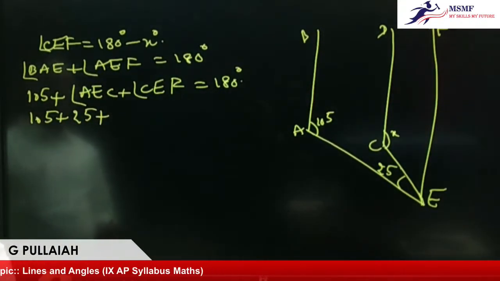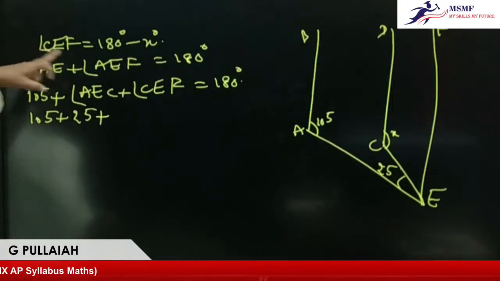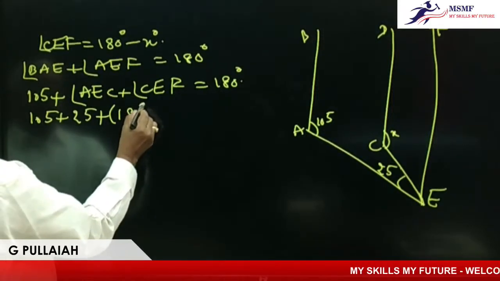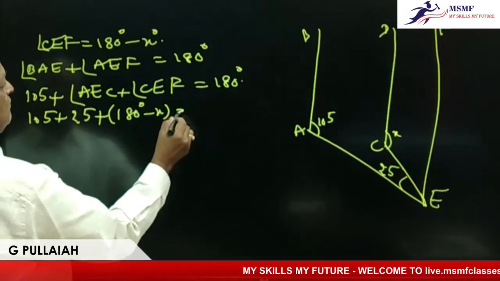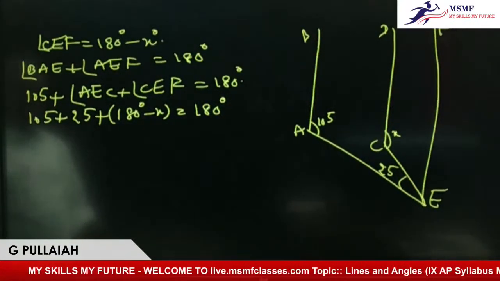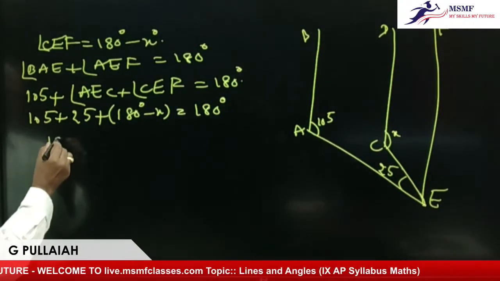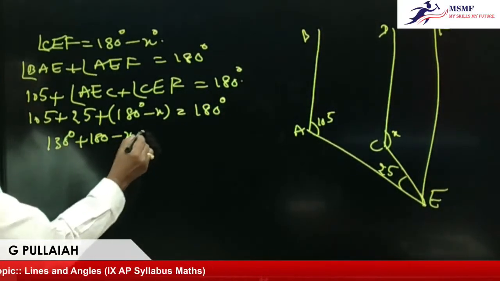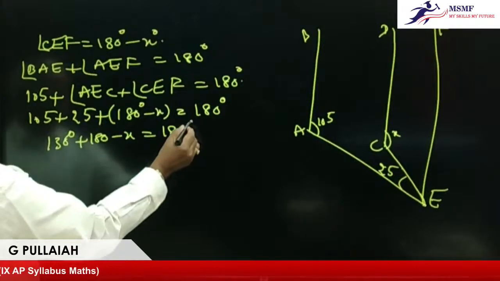plus 25 degrees plus CEF. It is 180 minus X. All 180 degrees. Therefore, we can say this is 130 degrees plus 180 minus X is equal to 180 degrees.